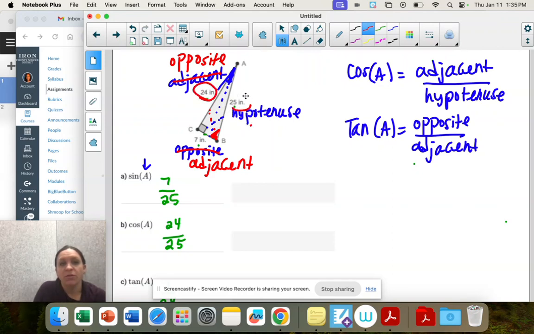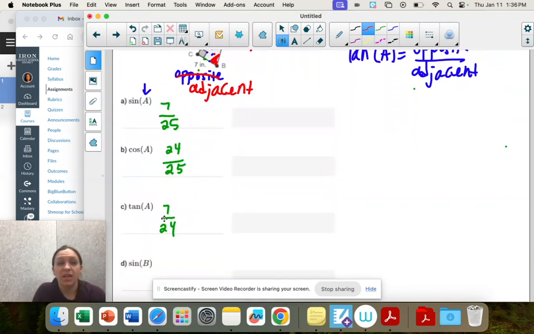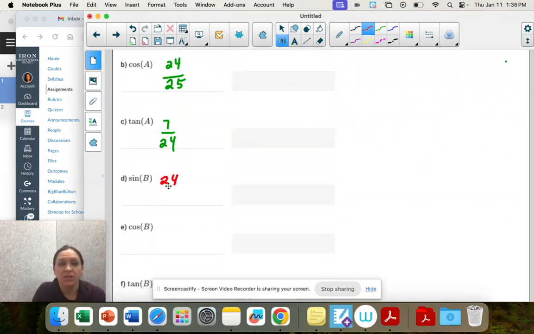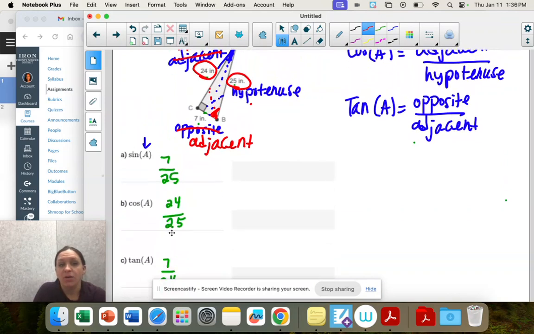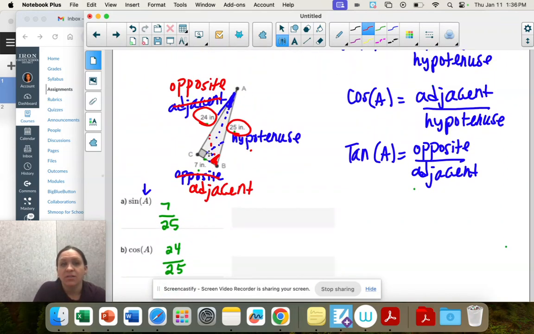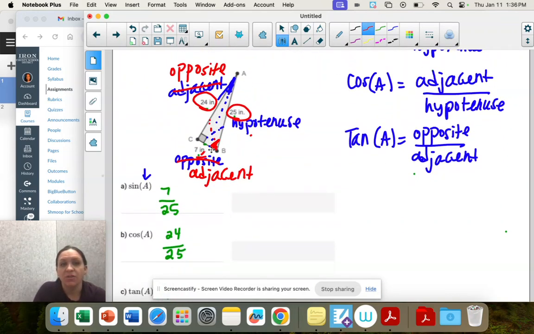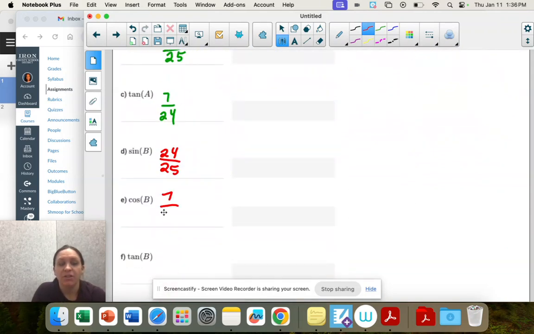It's 24 over 25, which is the same as cosine of A. And same thing, now I want cosine. So that's 7 over 25, adjacent over hypotenuse, which is sine of the original angle.